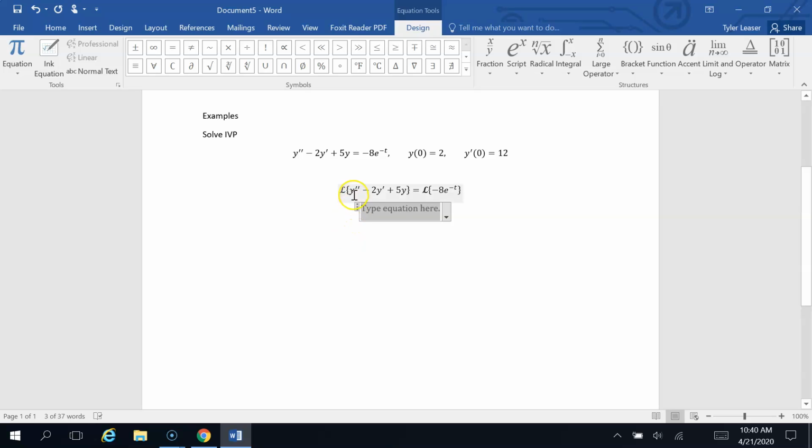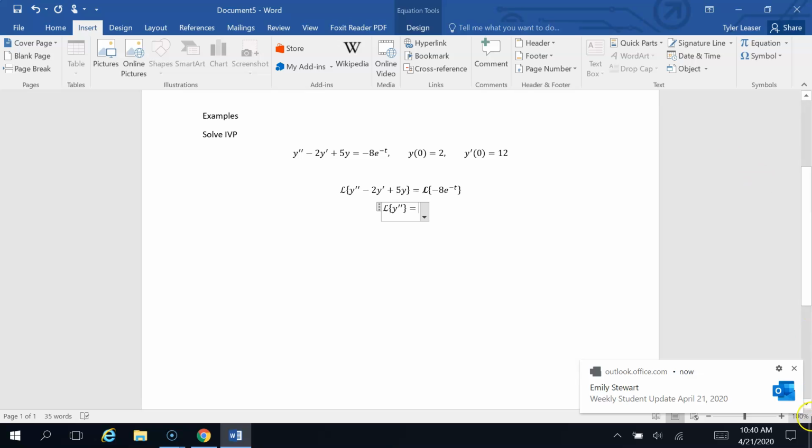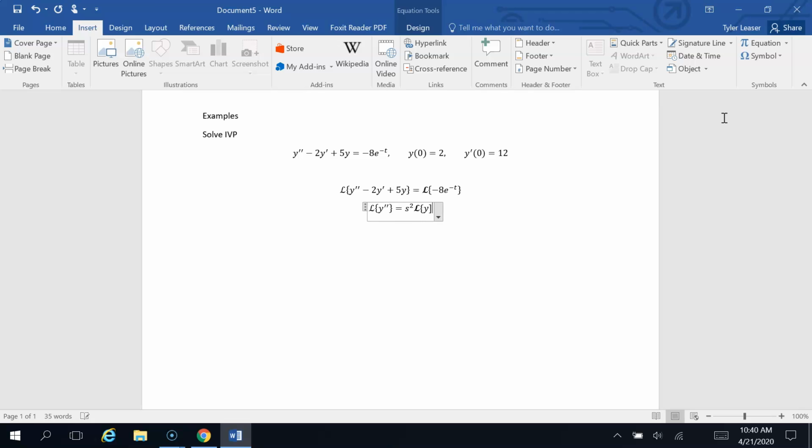So the Laplace transformation of these, how about this? Let's write them out separately. We know we're going to be taking the Laplace transformation of the second derivative. So let's go ahead and write out what that is. Remember, the Laplace transformation of the second derivative, there's just a formula to it. It's s squared times the Laplace transformation of the function itself, minus s times the function at 0, minus the derivative of the function at 0.